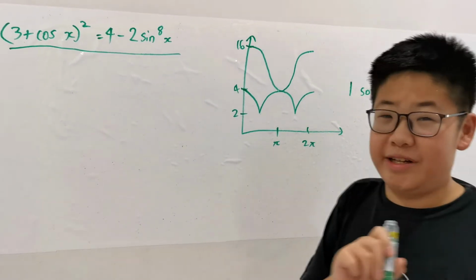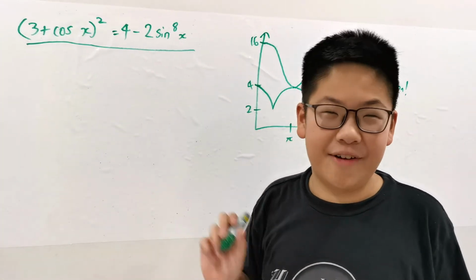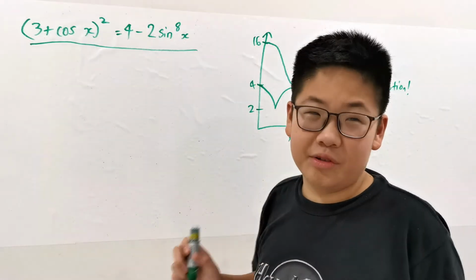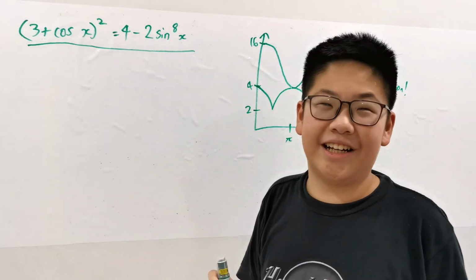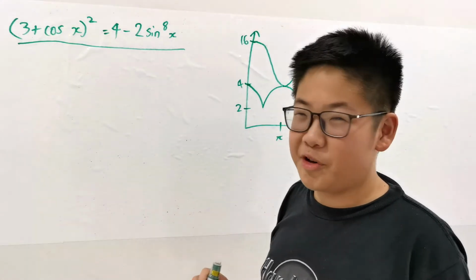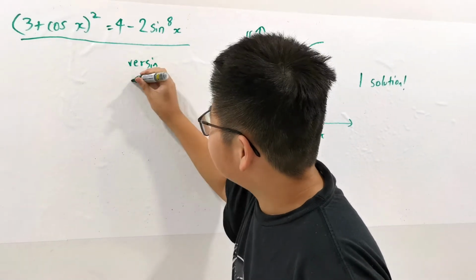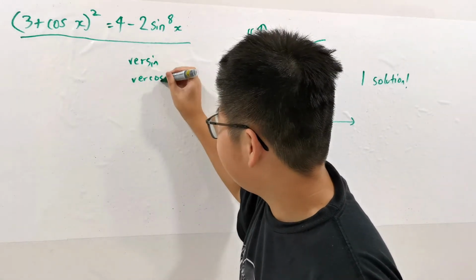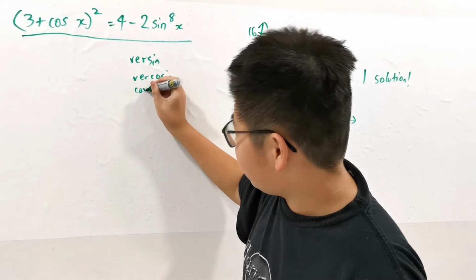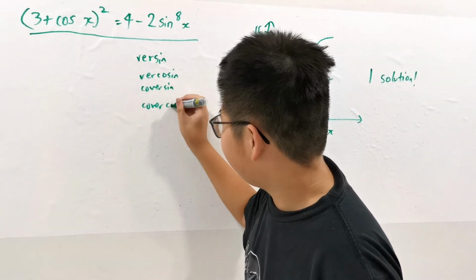Speaking of trigonometry, let's just go through the main trigonometric functions and some you never ever heard of. Like, you know, sine, cosine, tangent, cosecant, secant, and cotangent. Well, there are a few more that you might not know, like versine, vercosine, coversine, and covercosine.